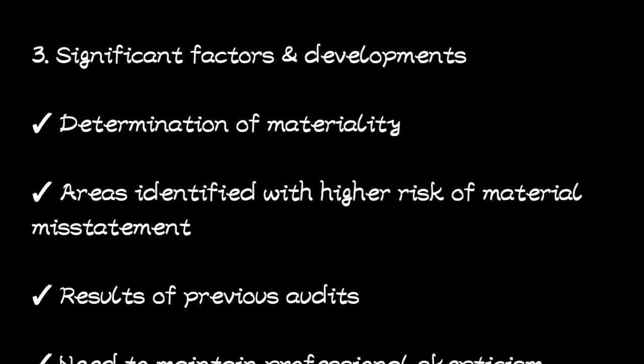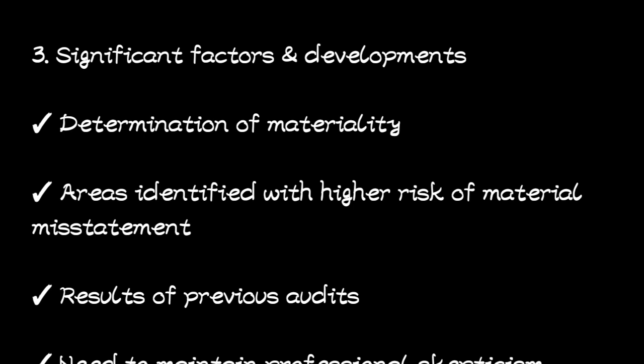The third main area of the overall audit strategy is the significant factors and developments. First is the determination of materiality. The auditor has to understand what is material to that entity and what is not. Then secondly, areas that are identified with higher risks of material misstatements.